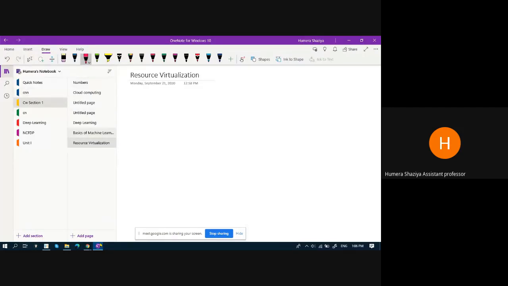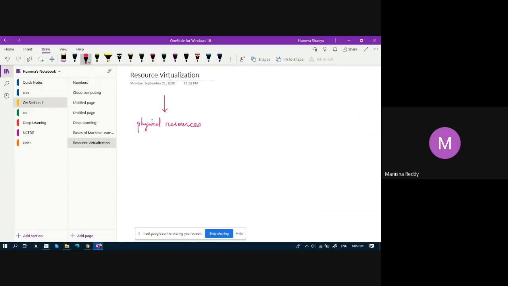Try to understand the traditional computing environment where you have physical resources. What are the physical resources? Can you tell me? Hardware components. Yes, what are they?